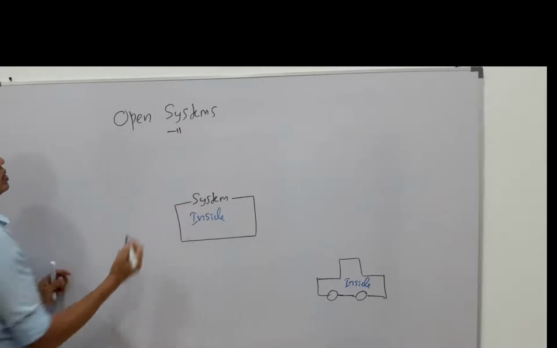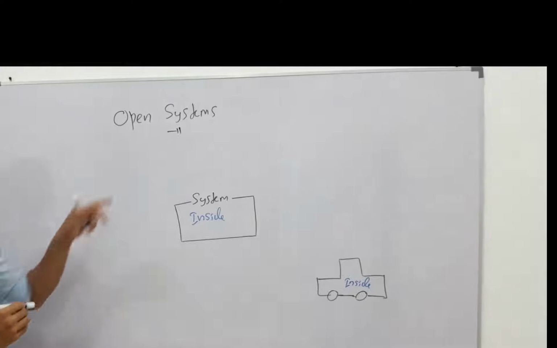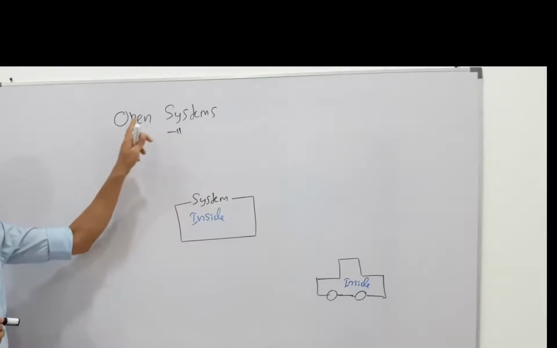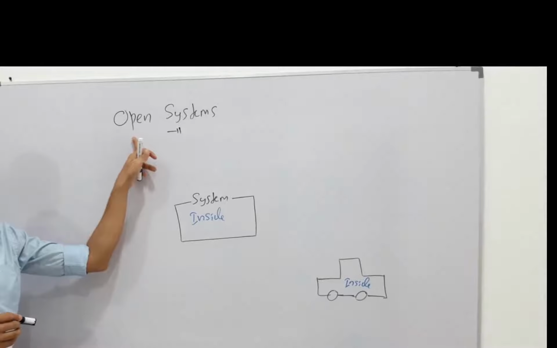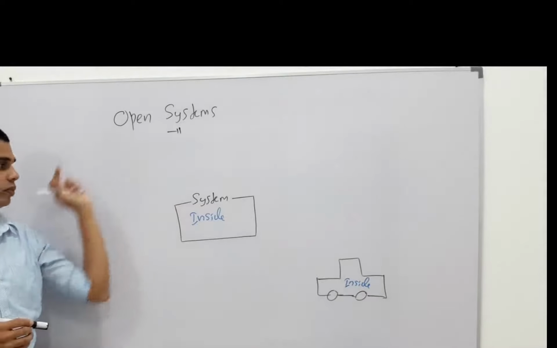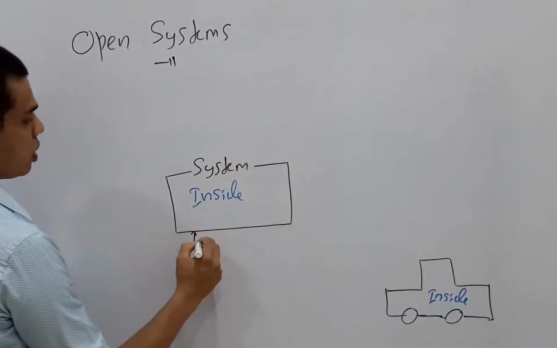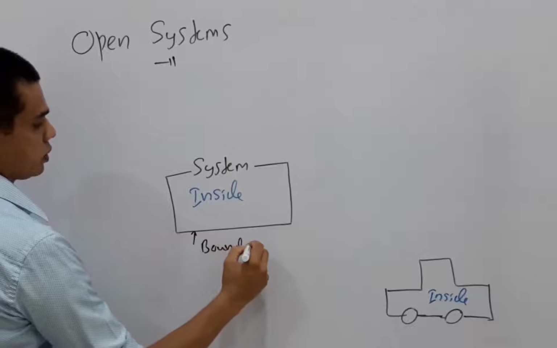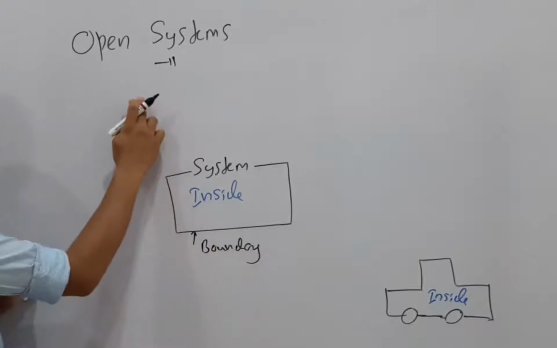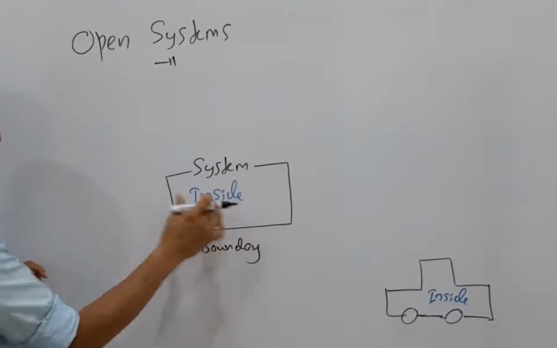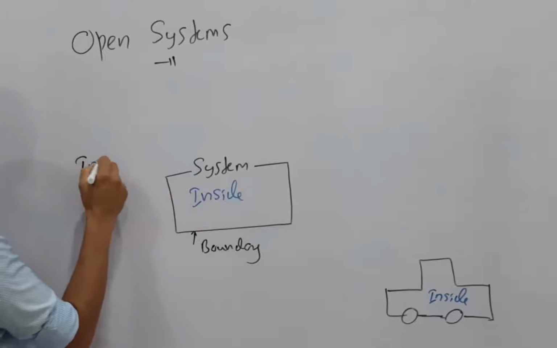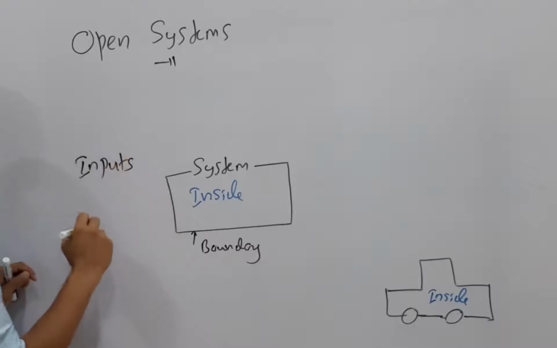The next concept is open systems. Regarding our systems, we define a type of system called an open system. What are open systems? Now, we said that we have a system boundary. So this is what the boundary is, the limit. Open system means the system will get inputs into the system. We know that we need to have inputs.